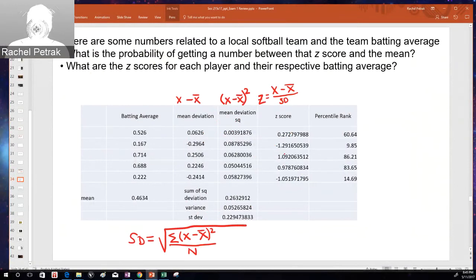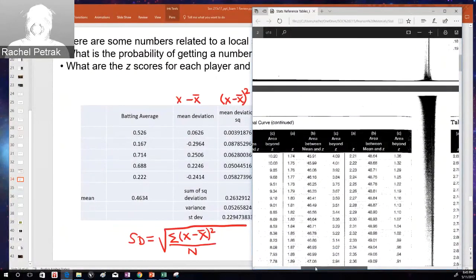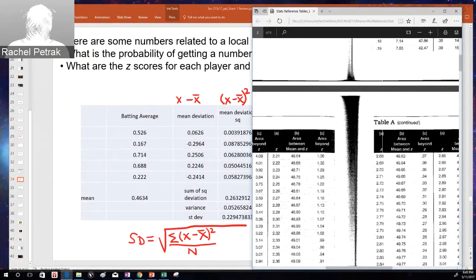Let's say, for example, this first one only, we've got a z-score of 0.27. So if I want to know the probability of getting a batting average that's between the mean, which was 0.4634, and 0.526, which is represented by a z-score of 0.27, then I'll just go to the z-table, find the mean to z column, and look for the one that, oh wait, not the mean to z column.